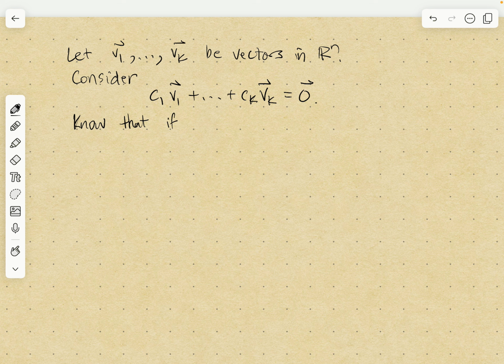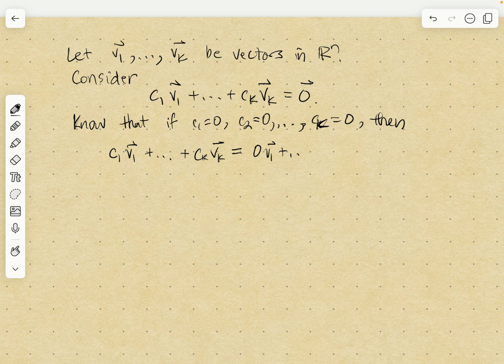Then c1v1 plus dot dot dot plus ckvk is going to be 0v1 plus dot dot dot plus 0vk, and if you have 0 times a vector, that's just the 0 vector.